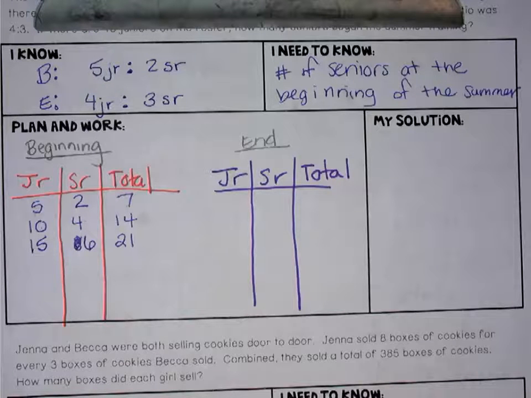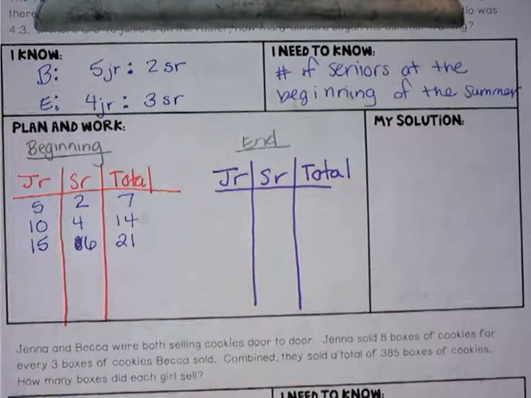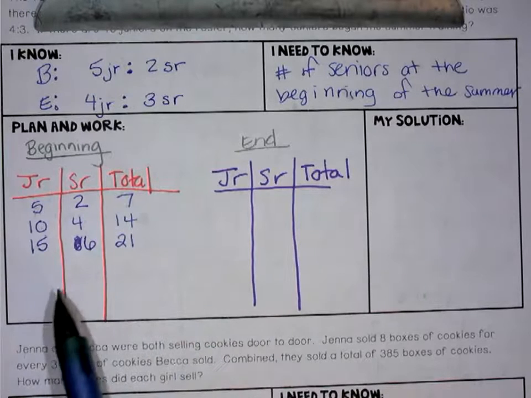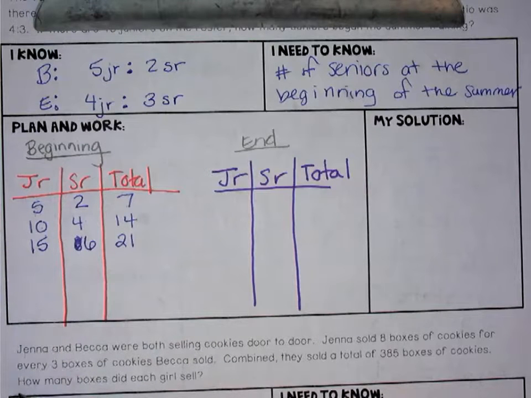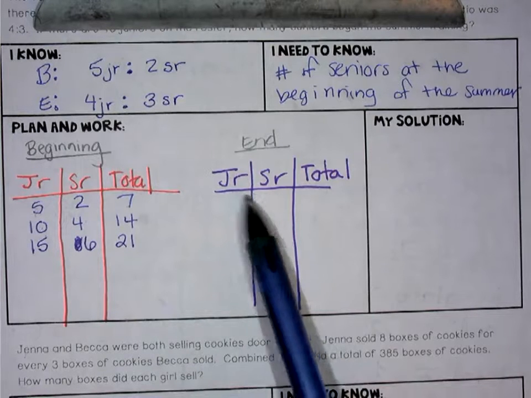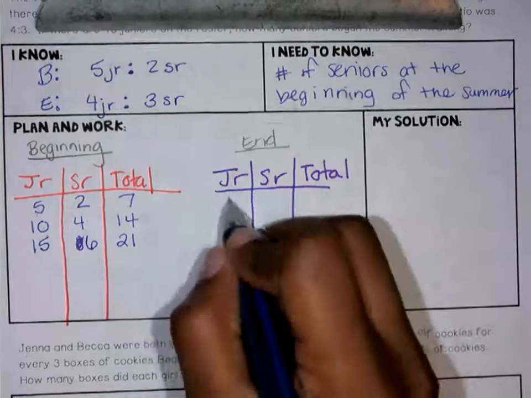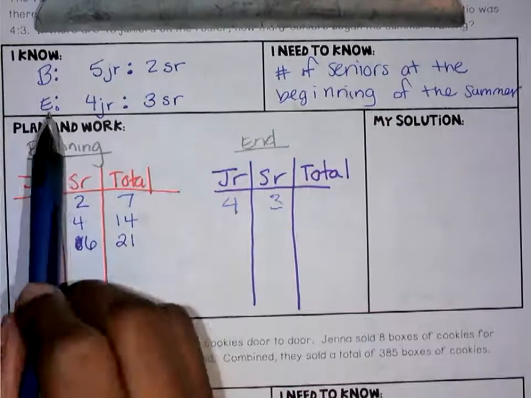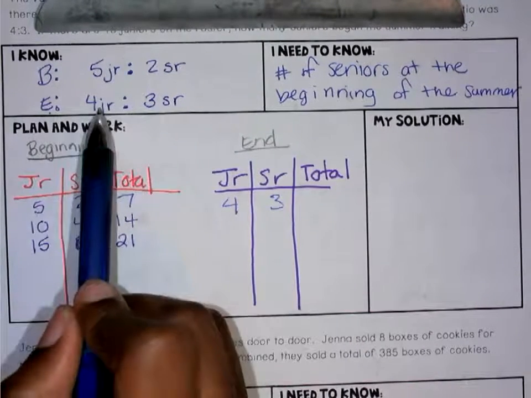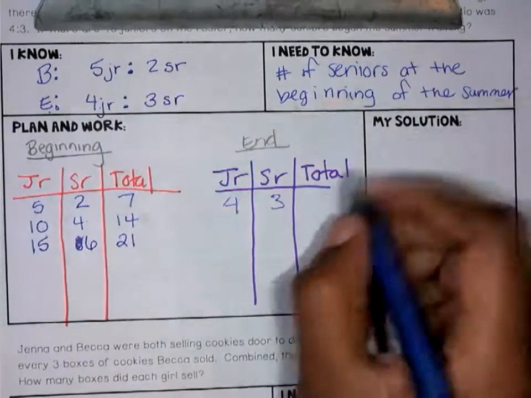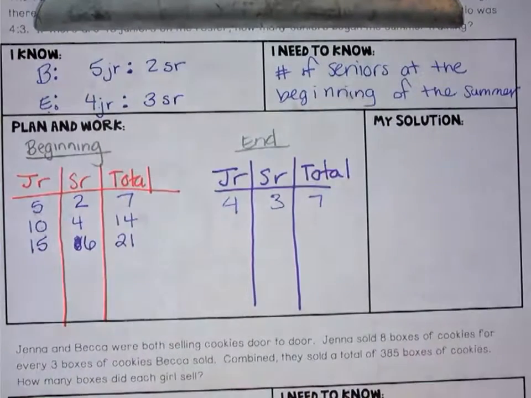I'm going to start you on the end table as well. Then I'm going to let you pause it and finish it until you get up to 48 juniors on the roster. To start with the ending, you have 4 and 3. For every 4 juniors, there are 3 seniors, and you still have a total of 7, right?